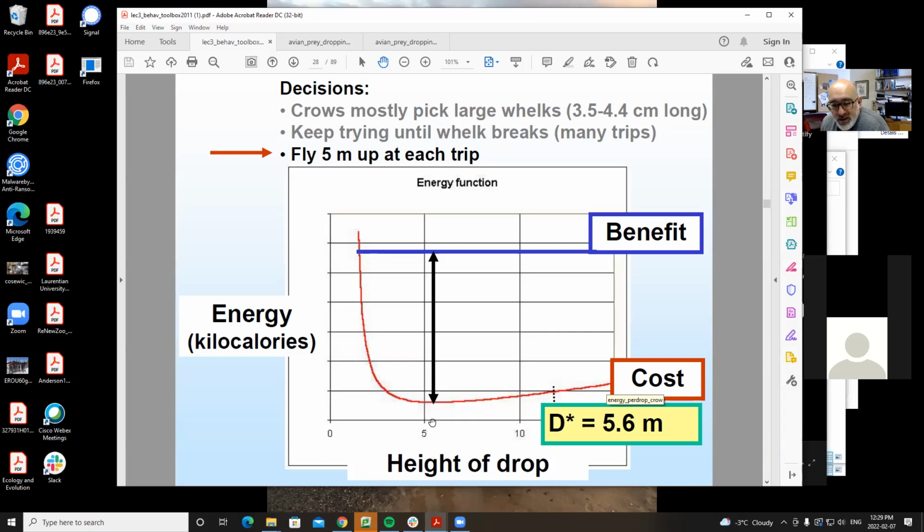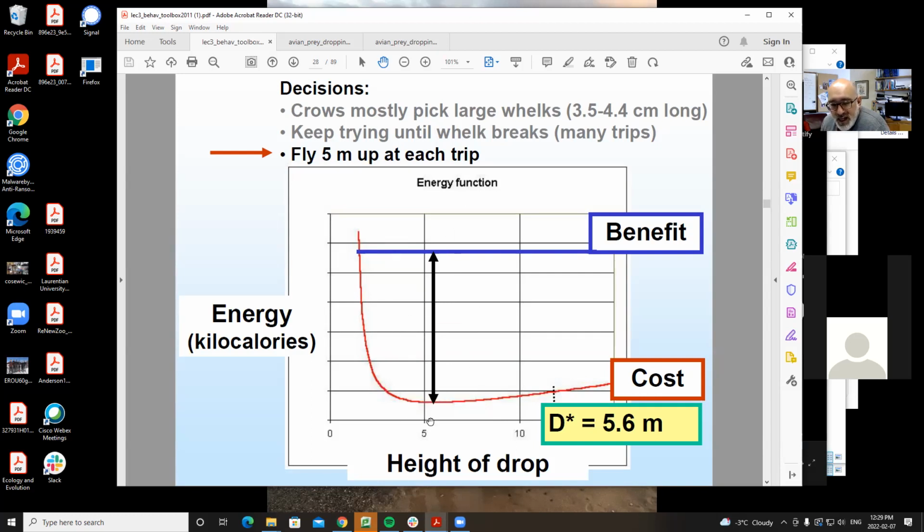So at this point, the maximum difference between the cost and the benefit reflects the optimal height at which the whelk should be dropped, right? Because it means that the relative cost is minimized in relation to the benefit. So this is the point at which the benefit and the cost are maximally different from each other.